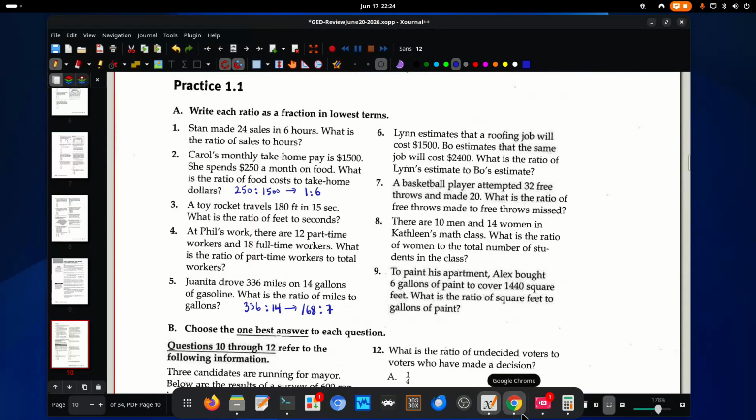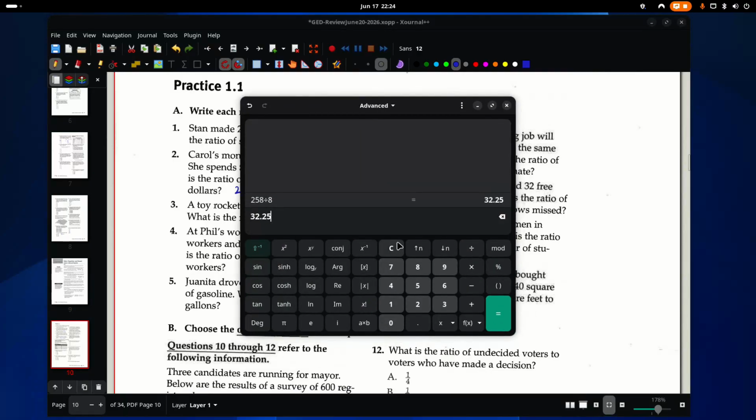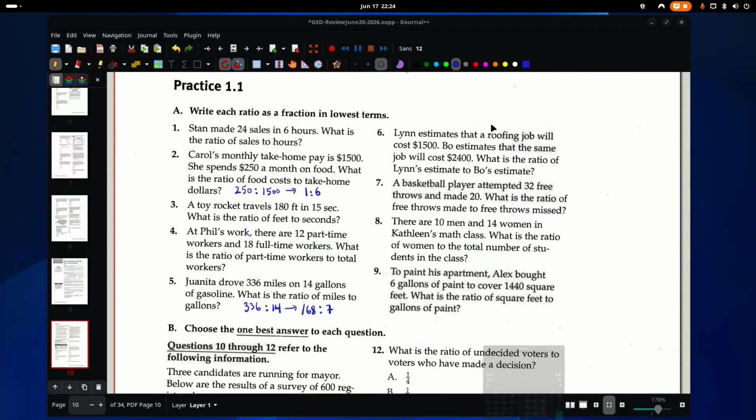I'll double check though, just in case we can divide by 7. So 168 divided by 7. Oh, we can. It's 24. I stand corrected. So we can reduce this further.